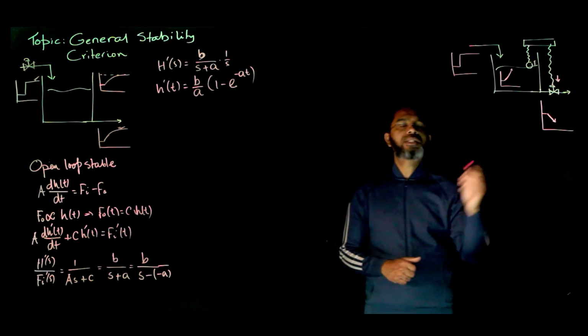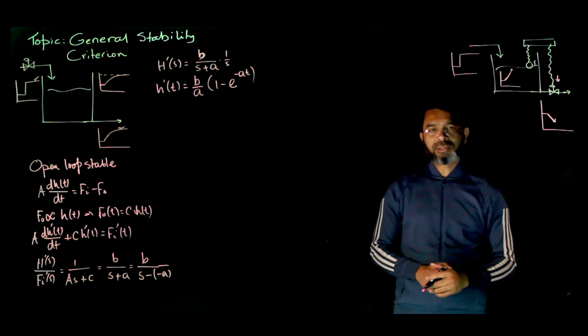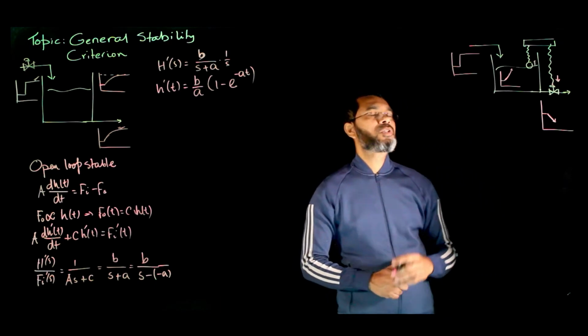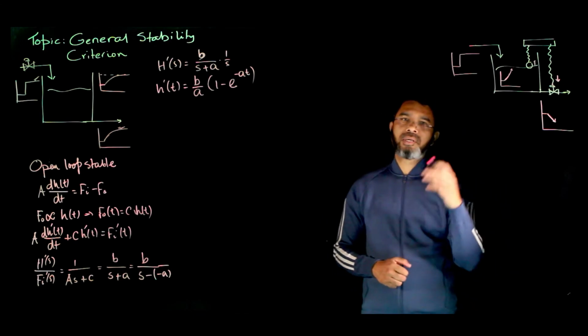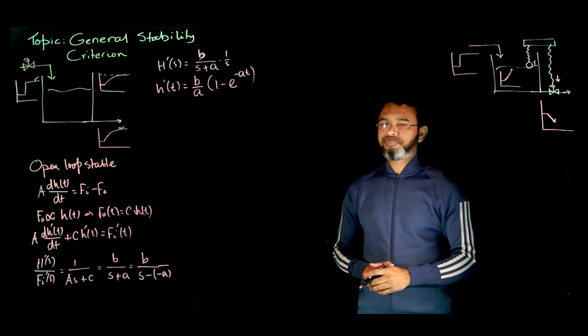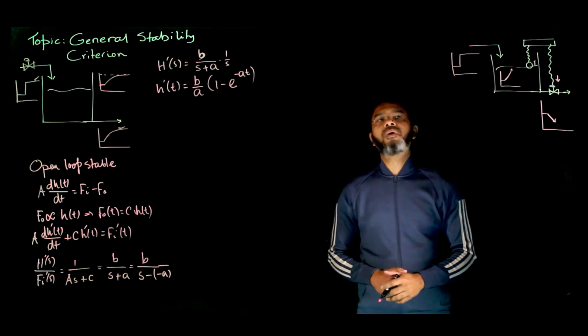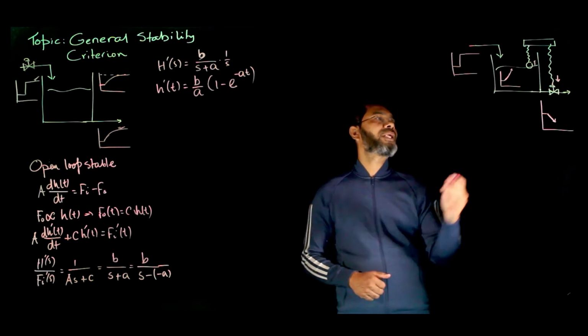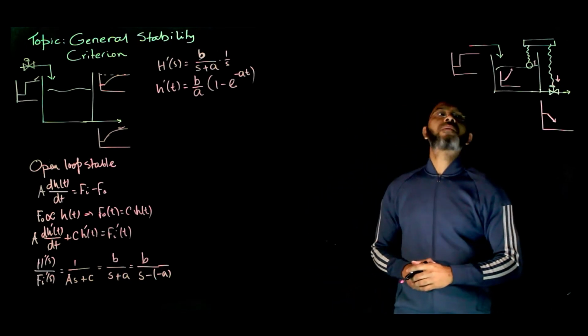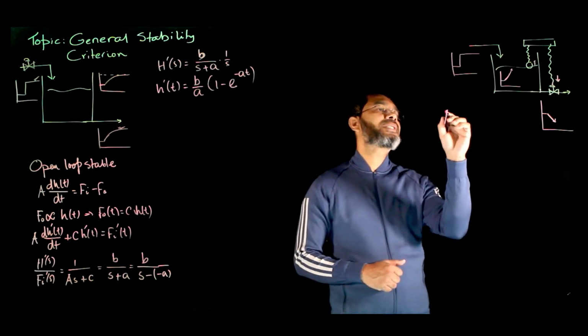Okay, so this is what is called unbounded. Okay, so you can call this unstable because the output is going to be unbounded. Now let's look at this from the model perspective. Again, we can have the same model structure.